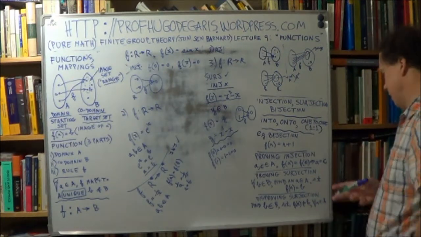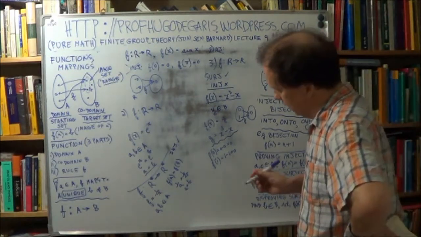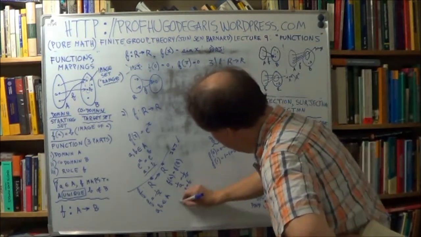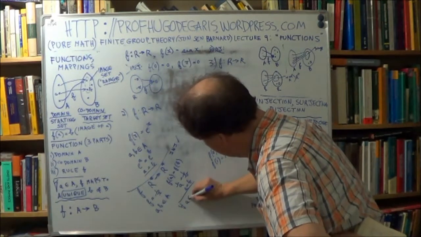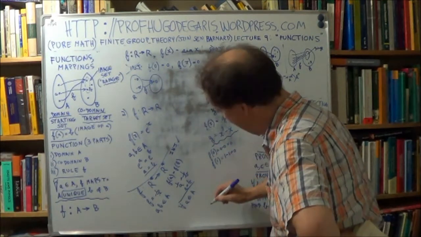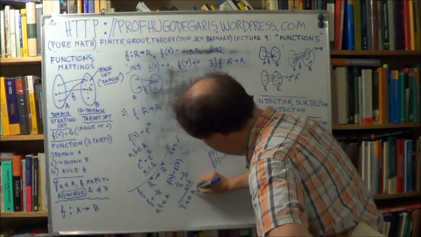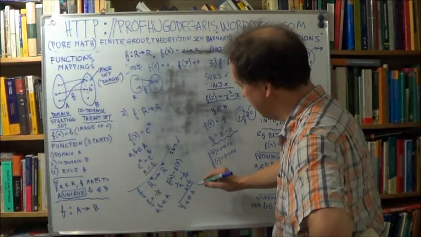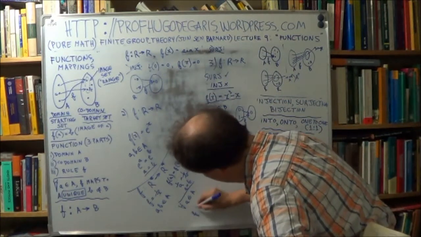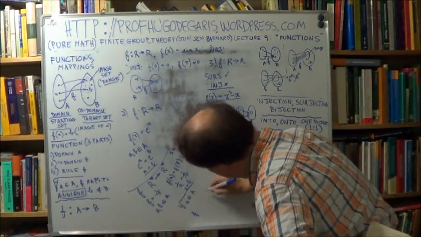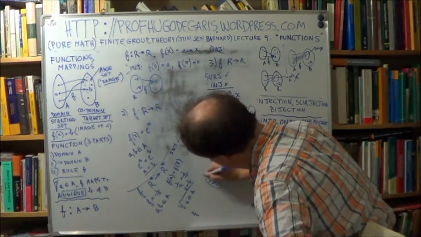And you have to prove now surjective. Okay. So here's a y belonging to B. Right?